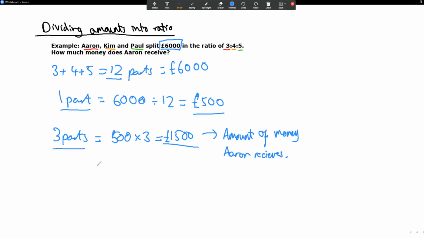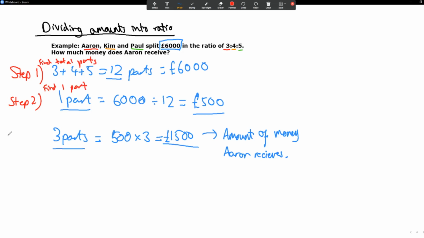Okay. So what you can think about is that step 1 is to add the ratios together, or add the parts together, find total parts. Step 2 is find one part.